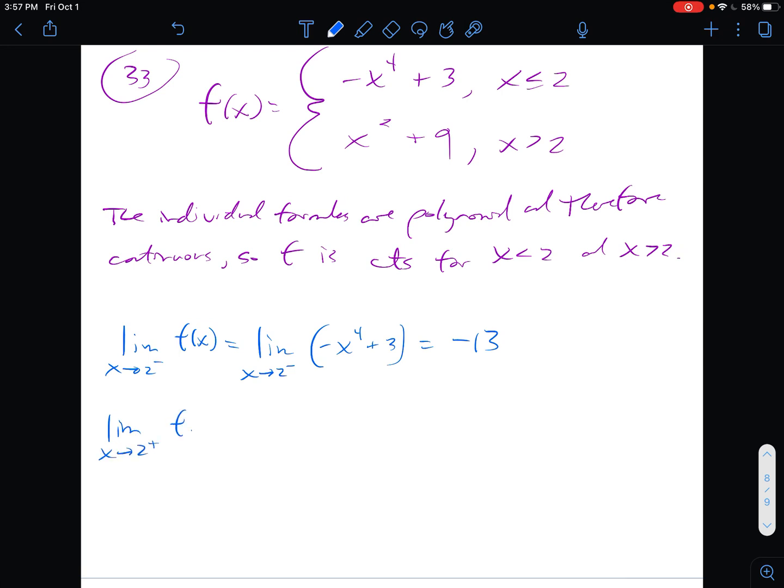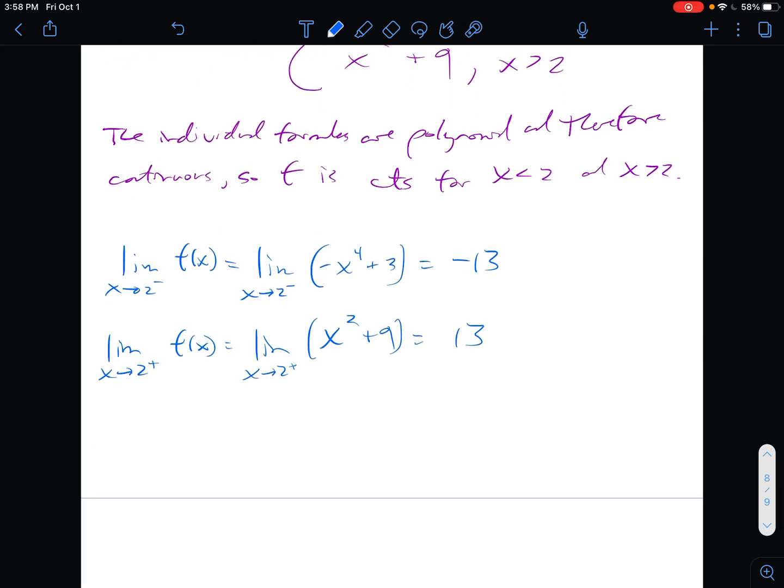From the positive side, if x is a little bit bigger than 2, my function is x squared plus 9. Love to plug in, I get 13. And these are not the same. They're almost the same. This problem maybe was cooked up to make you go carefully. Maybe it was actually an error and they wanted them to be the same, but they're not. One of them is negative 13 and one of them is positive 13.